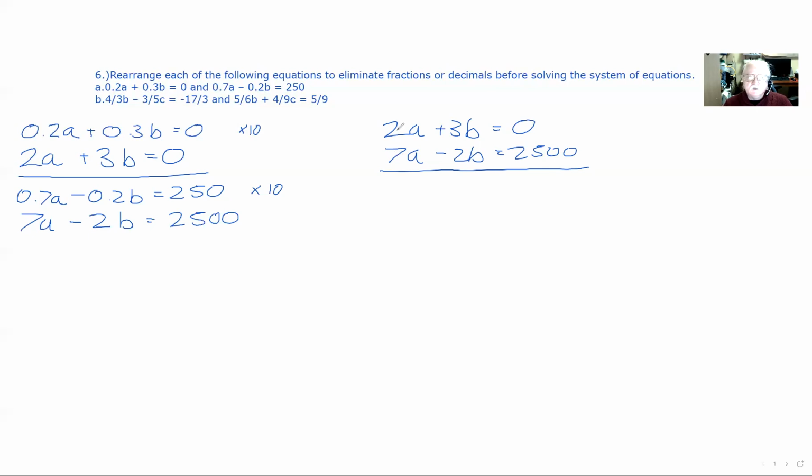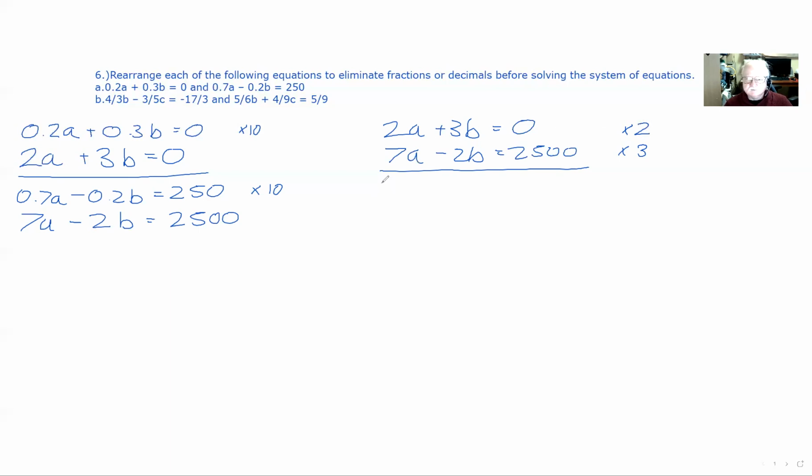So we'd have to find a common multiple between 3 and -2. So let's work with eliminating b, and let's multiply this equation by 2 and this one by 3. And our common multiple will be 6.